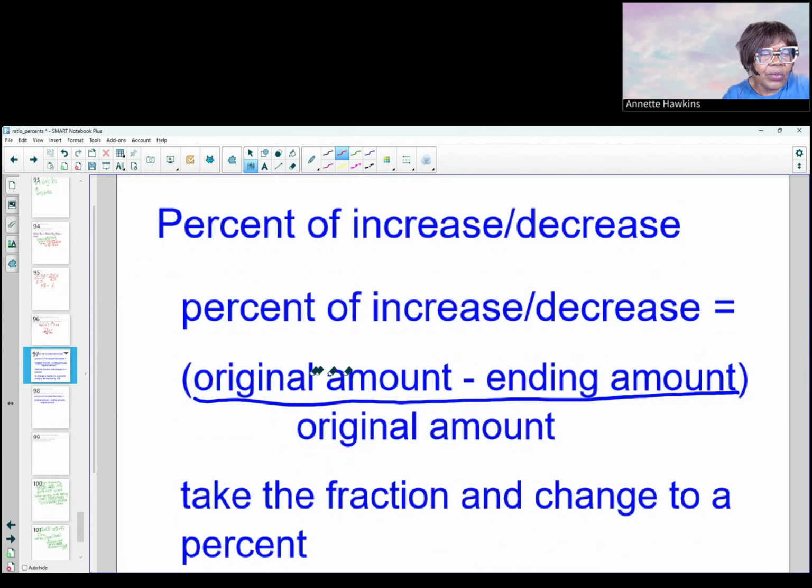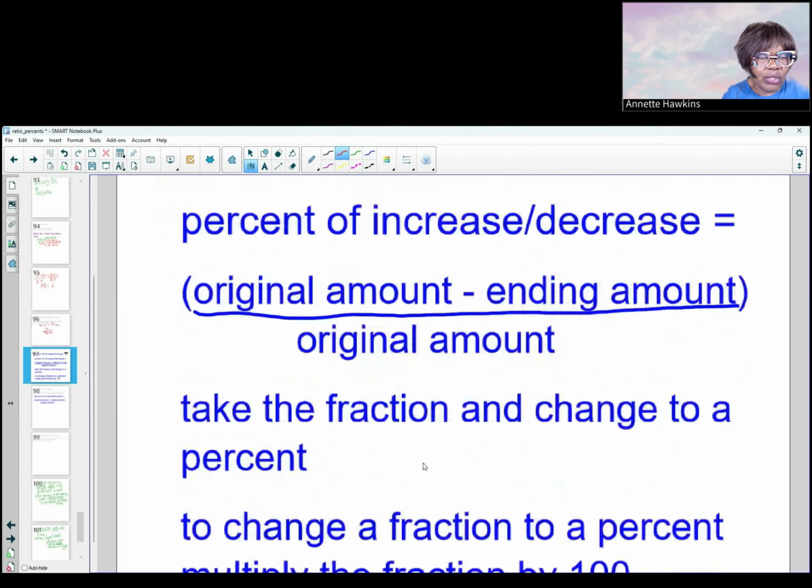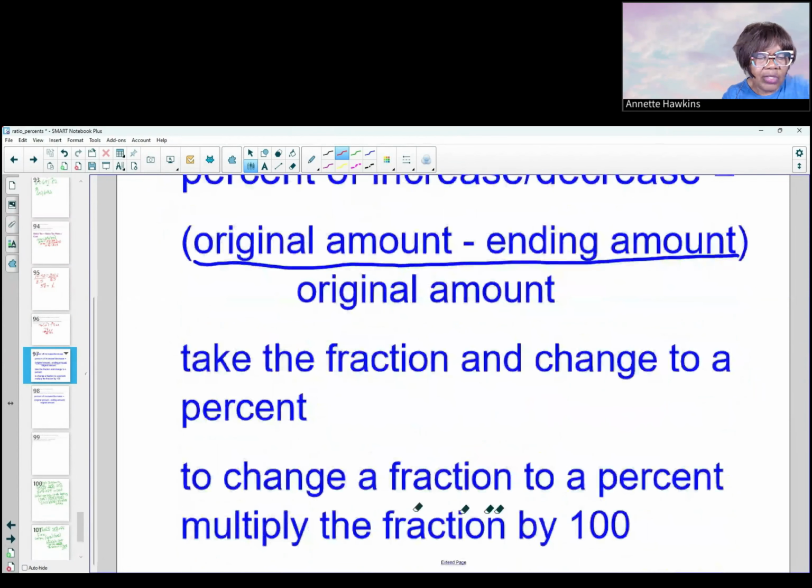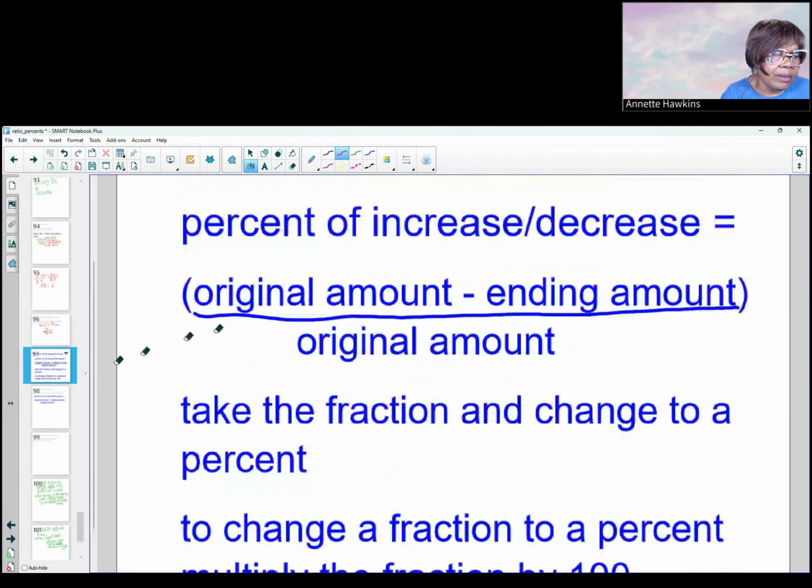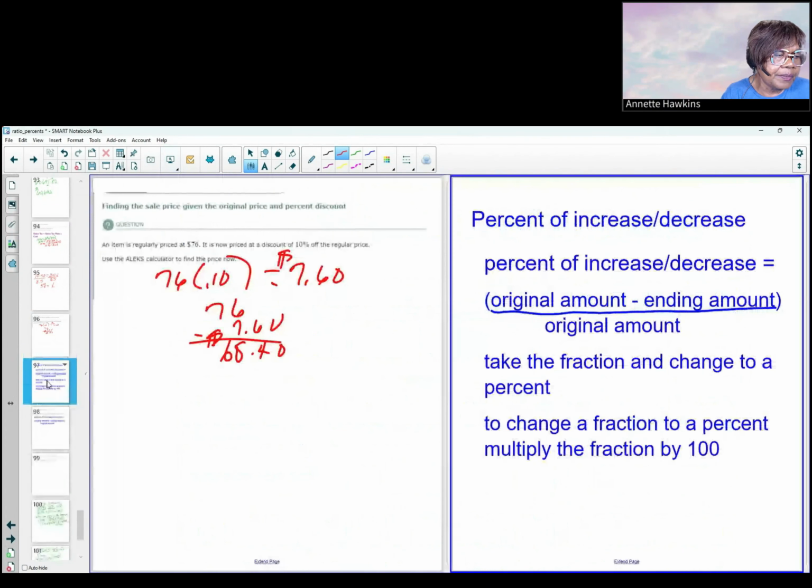Okay. So the original amount minus the ending amount over the original. Okay. And then we're going to take that fraction and change it to a percent. Now, to change a fraction to a percent, remember we multiply by 100 or we just change it to a decimal. Okay. So this is original minus the ending. So let me keep this up for us to see.